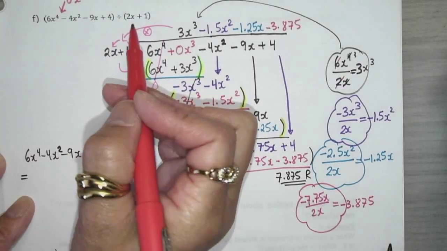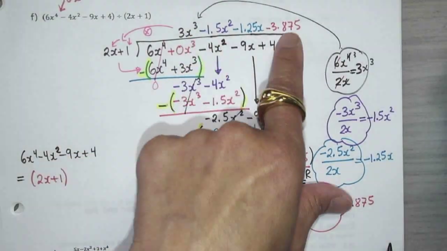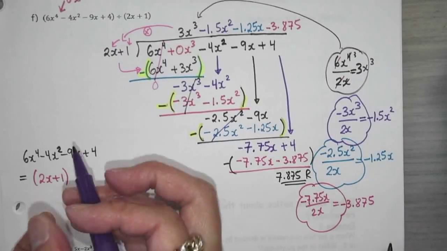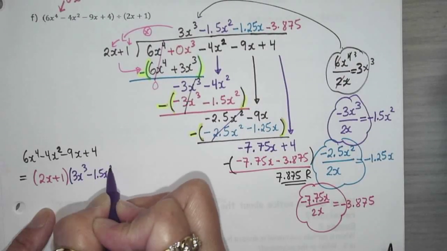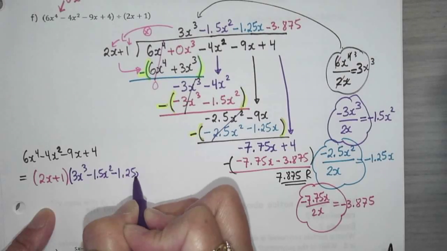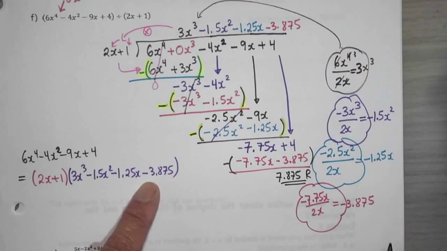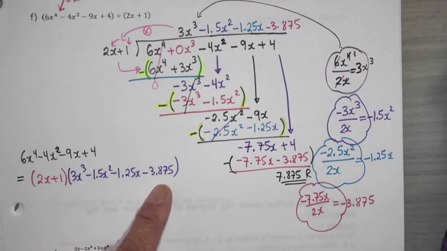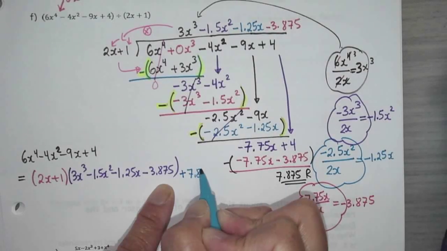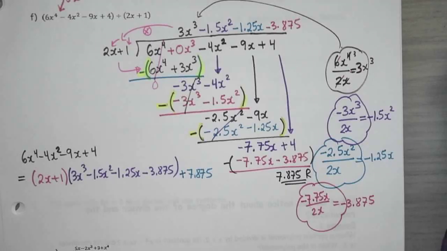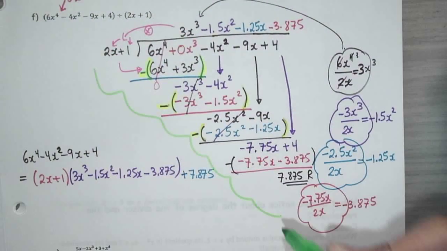Equals the divisor, which is 2x plus 1, times this beautiful quotient here. The hardest part is not copying it wrong. So there you go. And then my remainder is this. So it'll be plus 7.875. Just to separate the two.